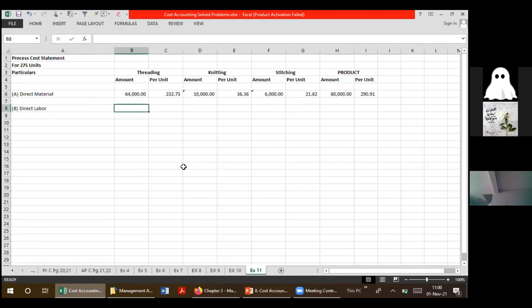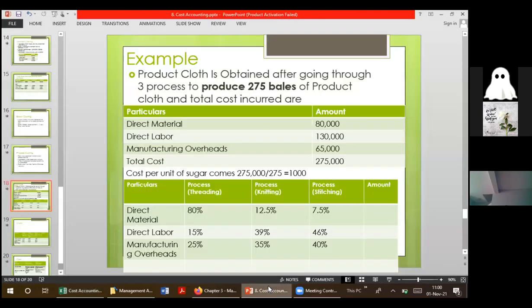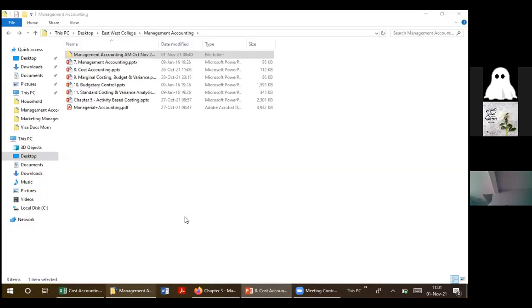Next item on the cost sheet is direct labor. Direct labor is totally 130,000.